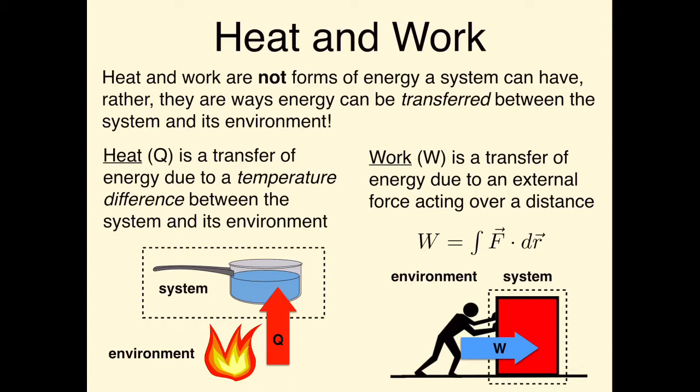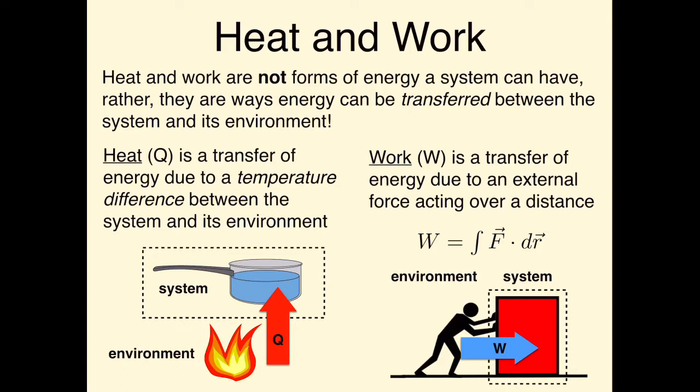So again, to illustrate this with an example, let's say the system is a block, some really big block that you want to push across the floor. And the environment will be some person that's pushing the block, right? So the environment is exerting a force on the system, right? That's the push. And in doing so, the environment is doing work on the system, right?